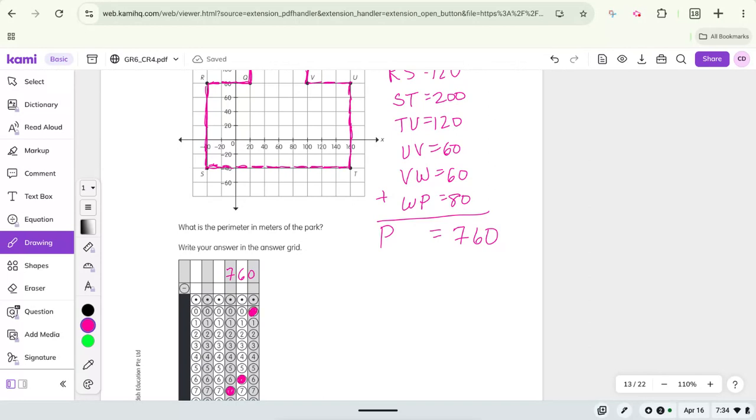Now some of you had a little different strategy here. Instead of counting by 20s, you simply counted up the perimeter as if each square represented 1 unit and then multiplied your final answer by 20. And that should also work.